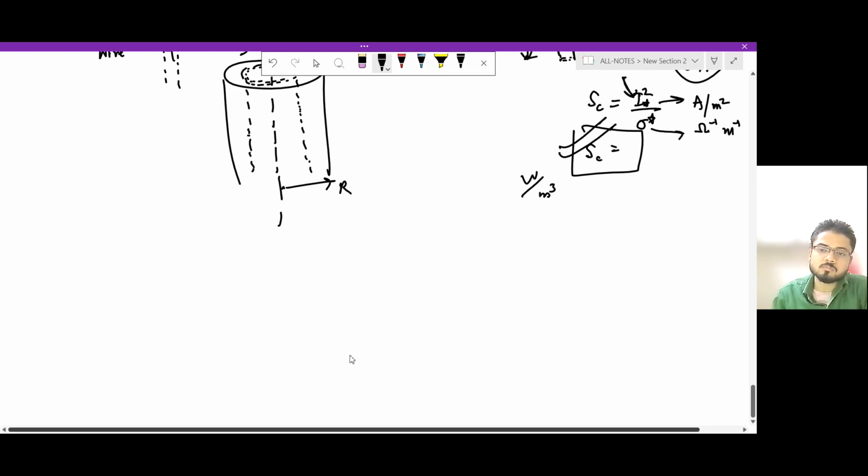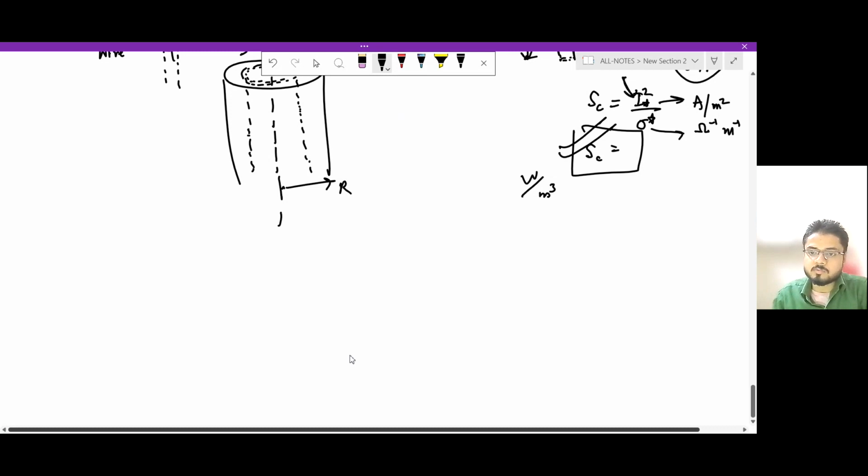So quantity generated would be multiplied by the entire volume of the control volume, which is the element's volume, which is pi, or just a minute, pi times (r plus del r) squared minus r squared, multiplied by L. This is the volume of the element.